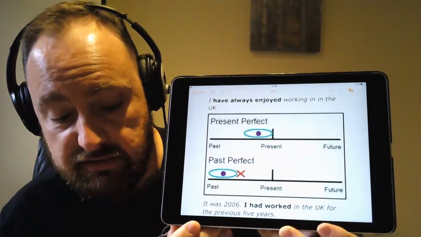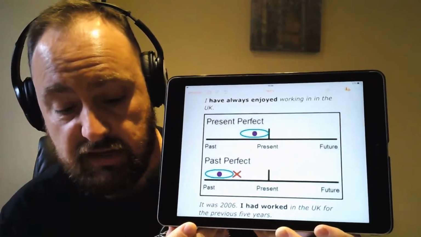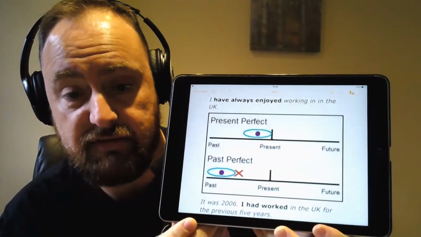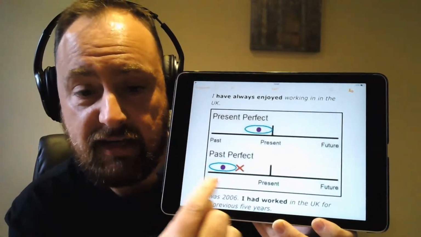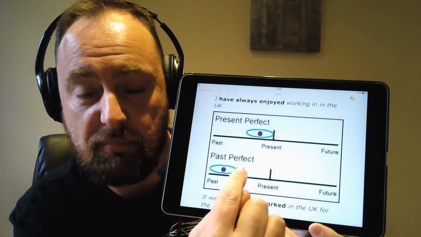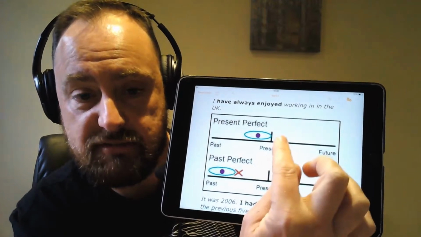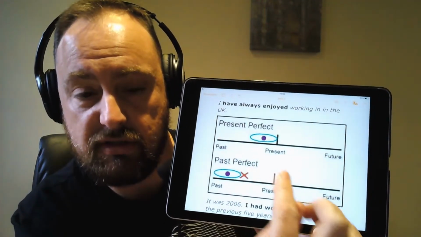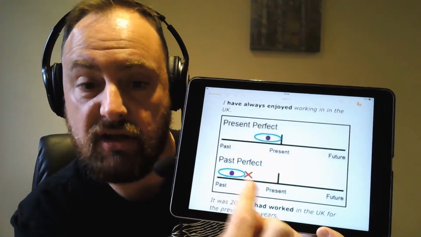And our other sentence: it was 2006, I had worked in the UK for the previous 5 years. That is actually a similar meaning because we're talking about a time in the past going to a point. But unlike present perfect, the point that it goes until is not now, but another point in the past.